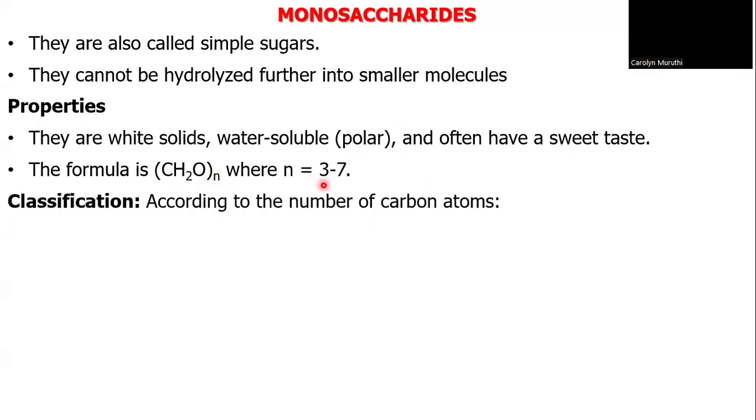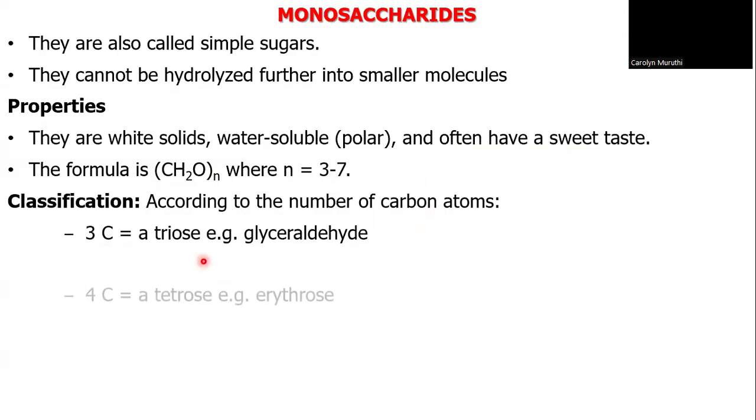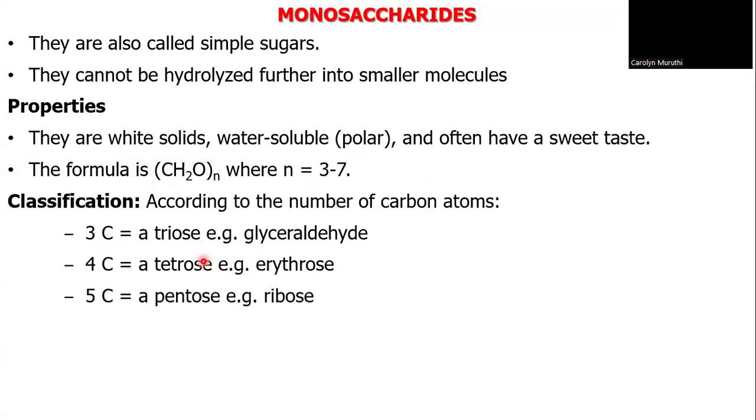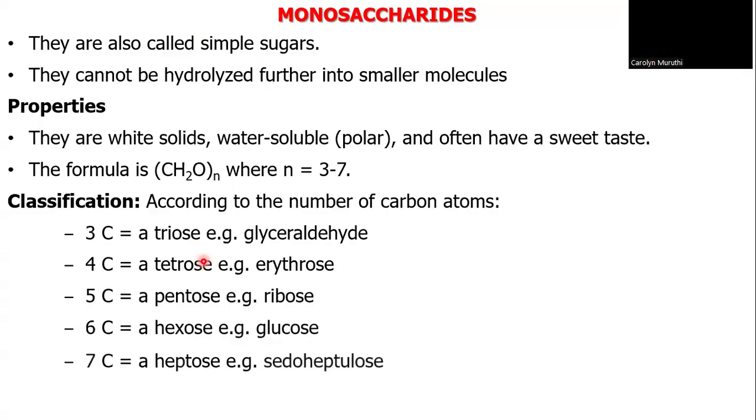And so classification is according to the number of carbons, which range from 3 to 7. If a compound has 3 carbons, it's called a triose. Glyceraldehyde is an example of a triose. In case of 4 carbons it is a tetrose, whereas 5 carbons are pentoses, 6 hexoses, including glucose, and also the 7 carbon heptose, and pseudoheptulose is a good example.